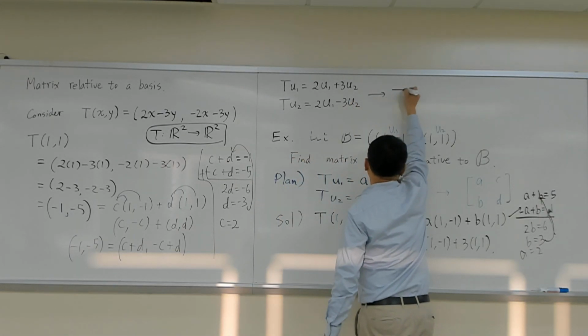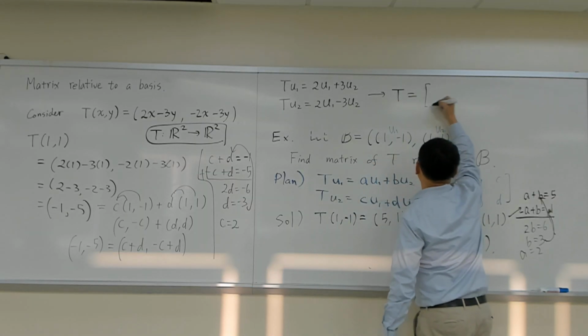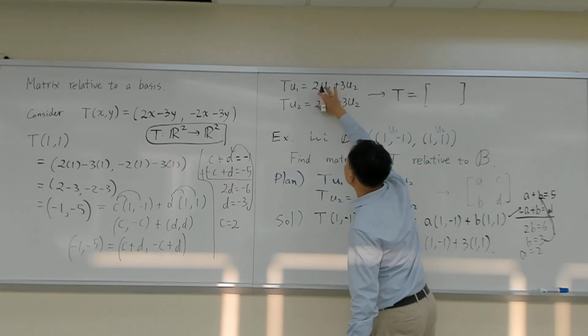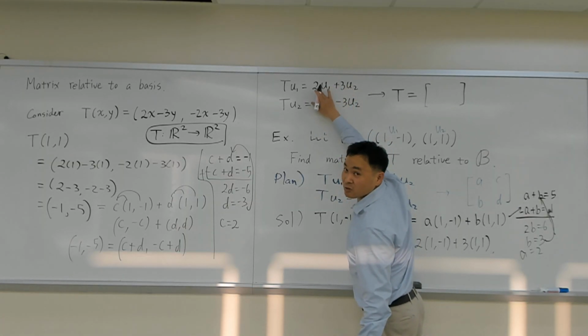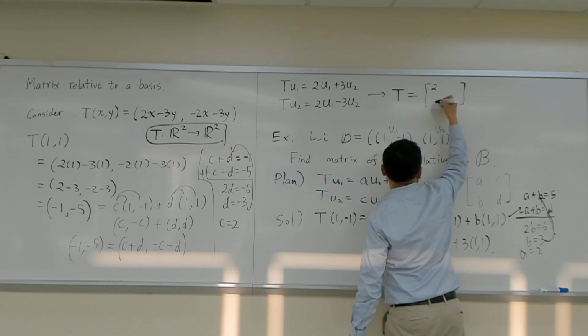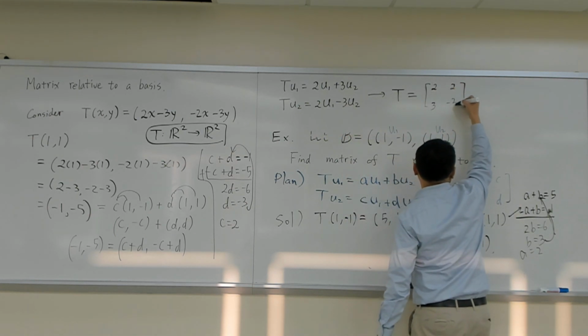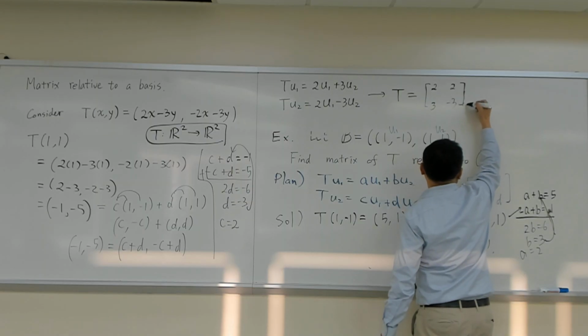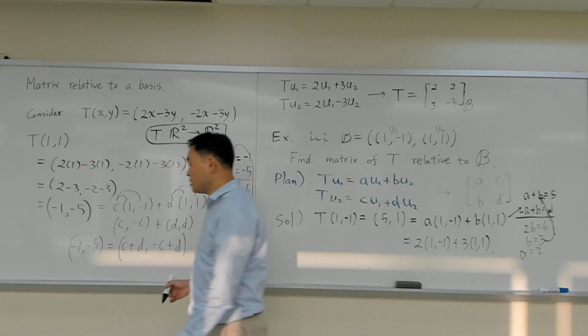Therefore, T, if you use basis B to represent, you now have to put these two vectors as column vectors. So this 2, 3 goes vertically, 2, negative 3 goes vertically. Okay. So that's what it is.